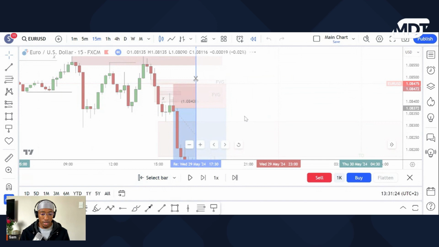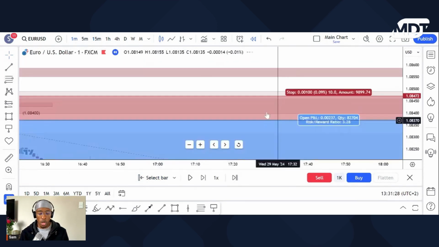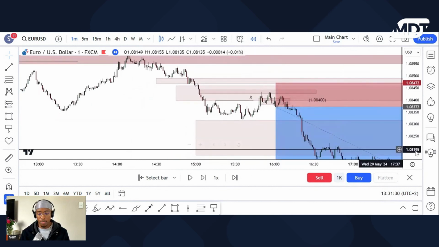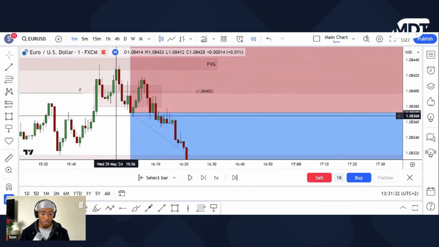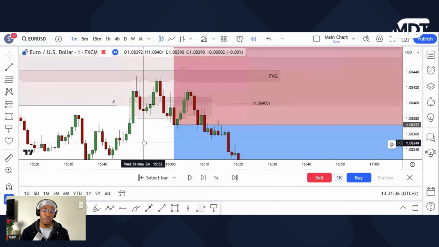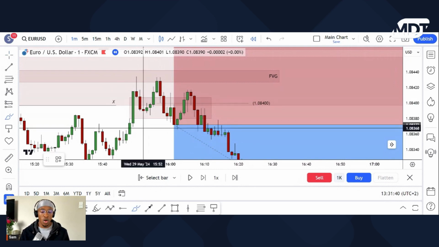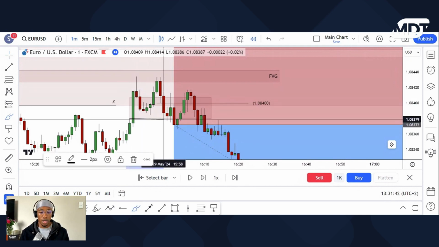And then again, jumping down to the 1 minute, this was a different entry or execution type. There was a market structure shift, but I would have entered this on the inverse fair value gap.